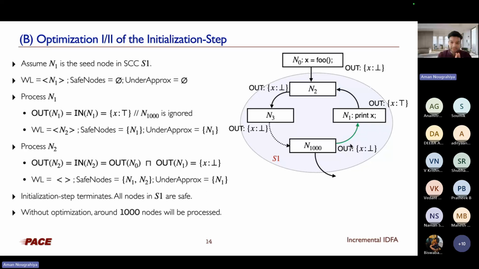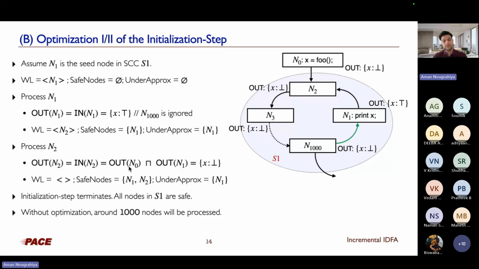If I'm ignoring this edge's incoming information, then I need to eventually make sure that once everything is safe, I read that information and reanalyze N1, to be sure that I'm not losing out on any potential approximation of runtime behaviors. Does that make sense? Yeah, that makes sense. Thanks. Okay, so moving on to the next optimization.